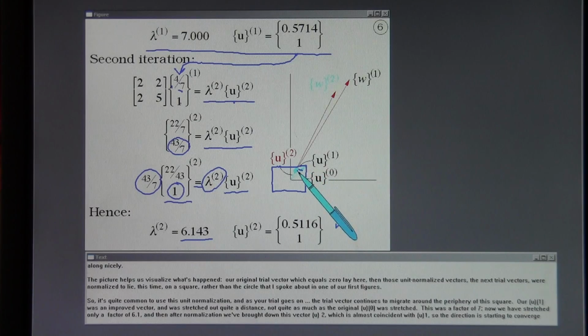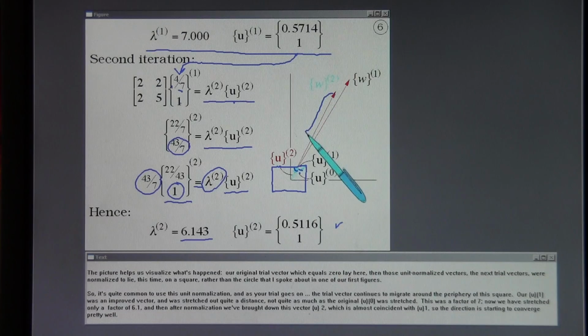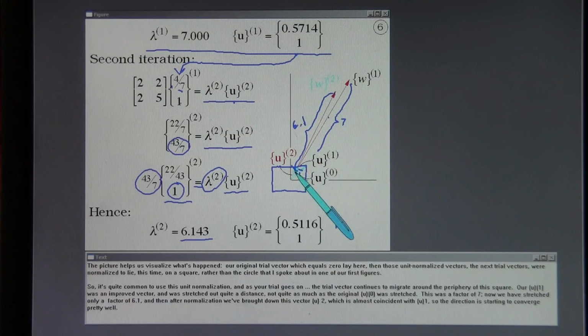Our U1 was an improved vector and was stretched out this distance, not quite as much as the original U0 was stretched. This was a factor of 7. Now we have stretched only a factor of 6.1. And then after normalization, we've brought down this vector U superscript 2, which is almost coincident with U superscript 1. So the direction is starting to converge pretty well.